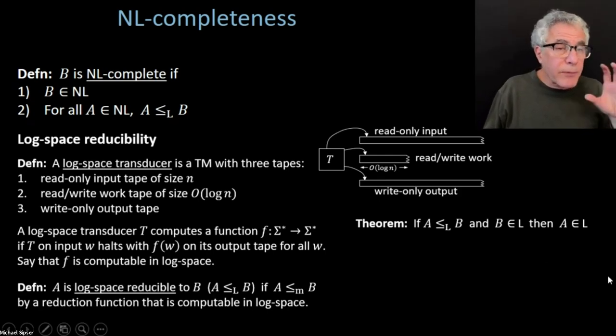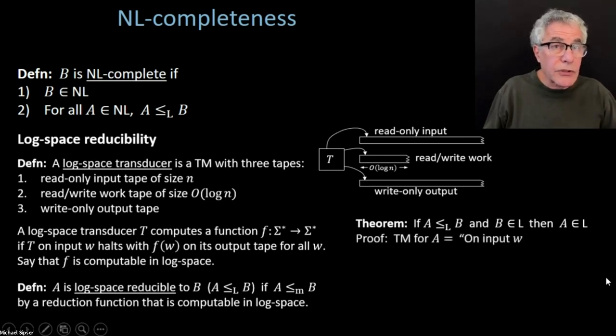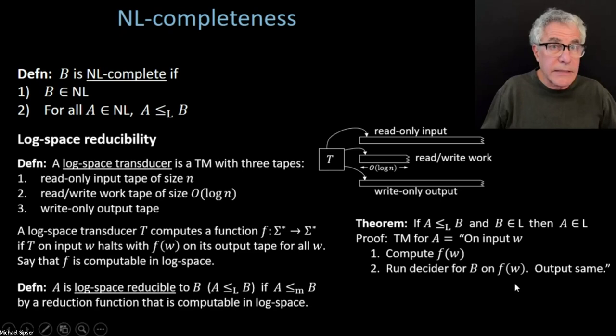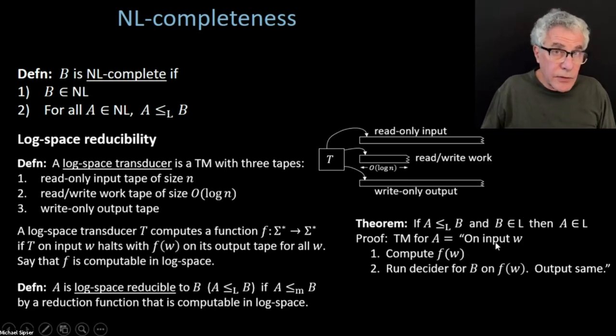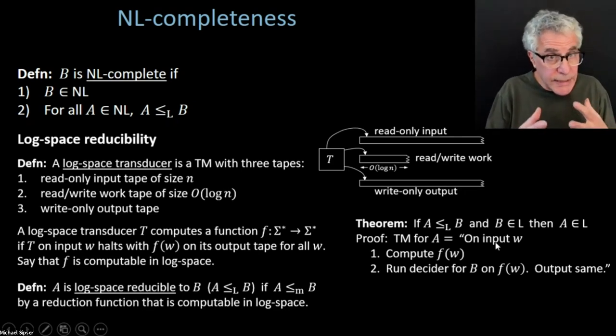Now if you remember the proof we had from before, which I'll put out for you: to show a log space solver for A, you take an input W, and if A is reducible to B, you compute the reduction and then run the decider for B. So if we're assuming A is reducible to B and B is in L, so B has a log space decider, you take your W, which you want to know, is it in A?